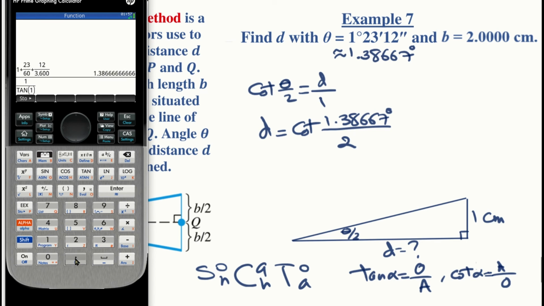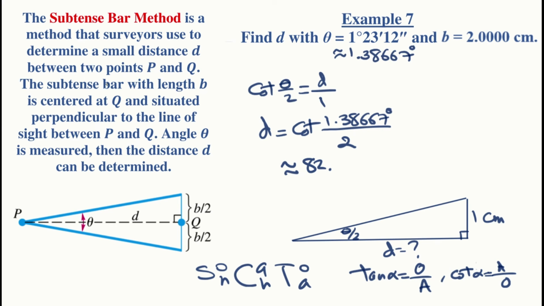So 1.38667 divided by 2. So we get this, and remember we're going with 5 significant digits, so 1 2 3 4 5. Now this one, because of the 9, is going to round up, so 82.634 centimeters.